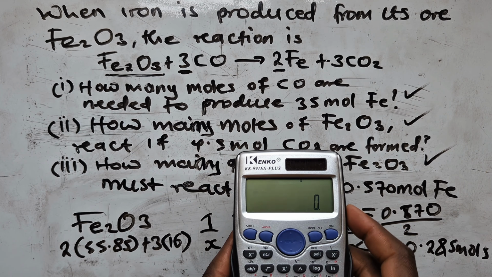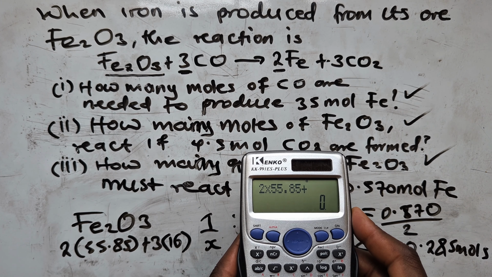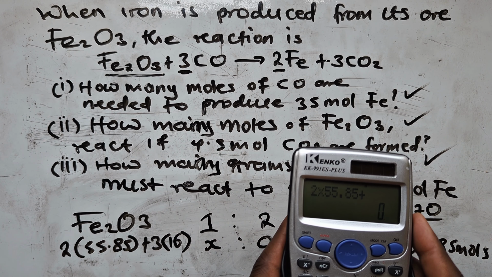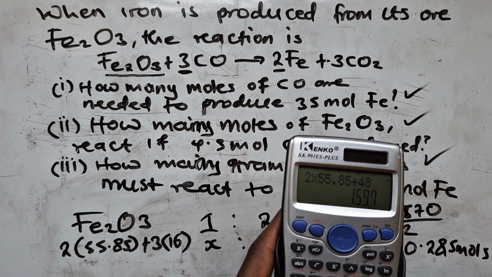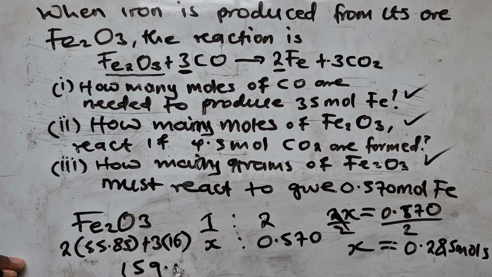Okay, so that would be 2 multiplied by 55.85 plus of course 3 multiplied by 16, it has to give us something like 48. So we're getting 159.7 as the molar mass, 159.7 grams per mole.